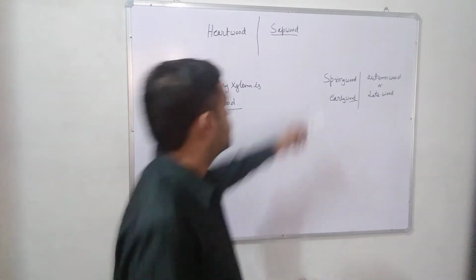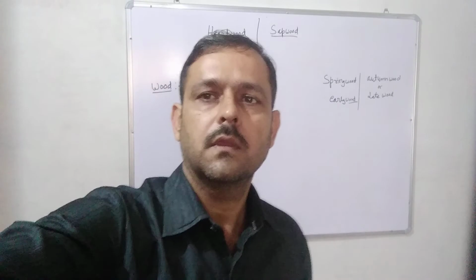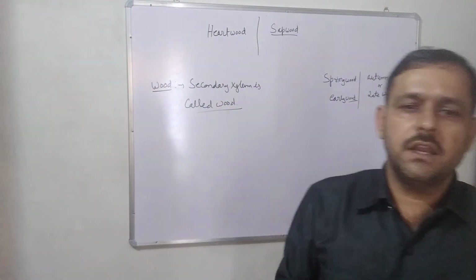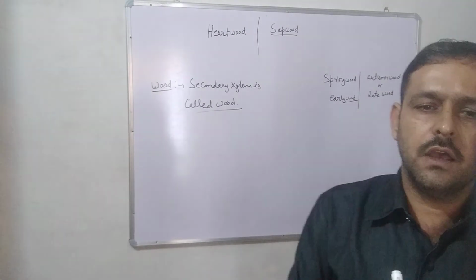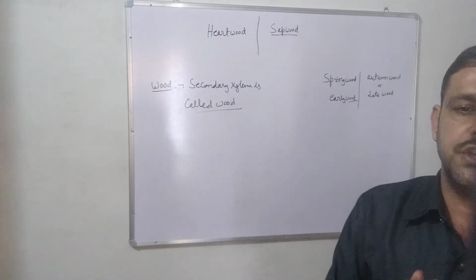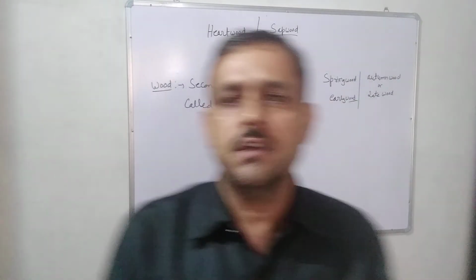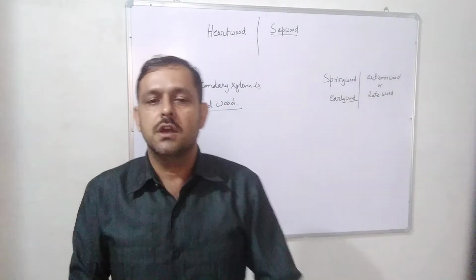Next, spring wood and autumn wood. Commercially, the wood of gymnosperm conifers is called softwood, though it is quite hard, and autumn or late wood is quite hard.